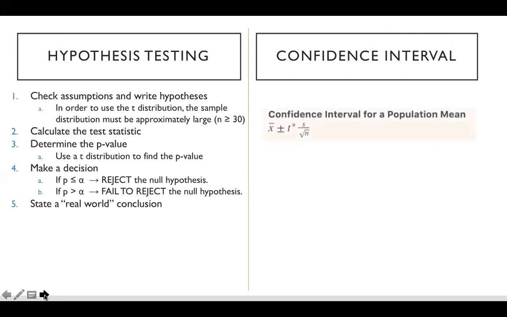So here's hypothesis testing and confidence intervals for one sample mean. For hypothesis testing, we have the same 5-step procedure that we have been using. The assumption we have to check is that our sample size is sufficiently large, so greater than or equal to 30. Then once we have that, we can calculate our test statistic.